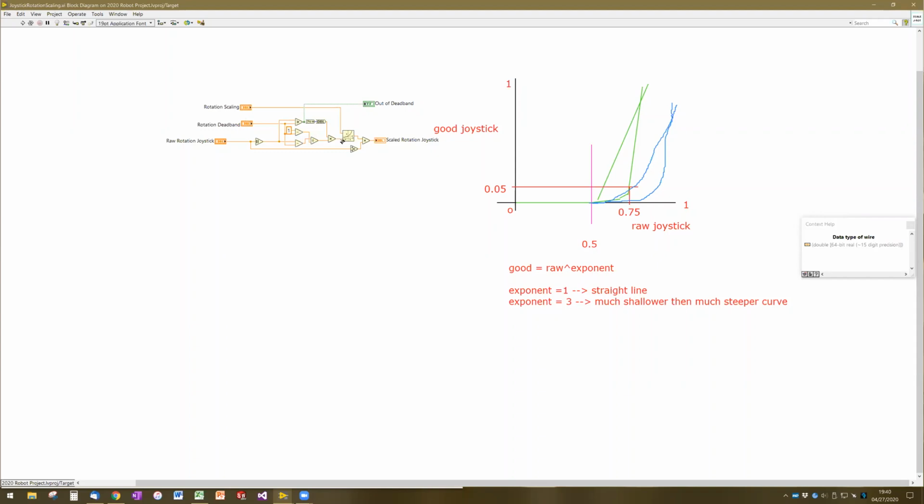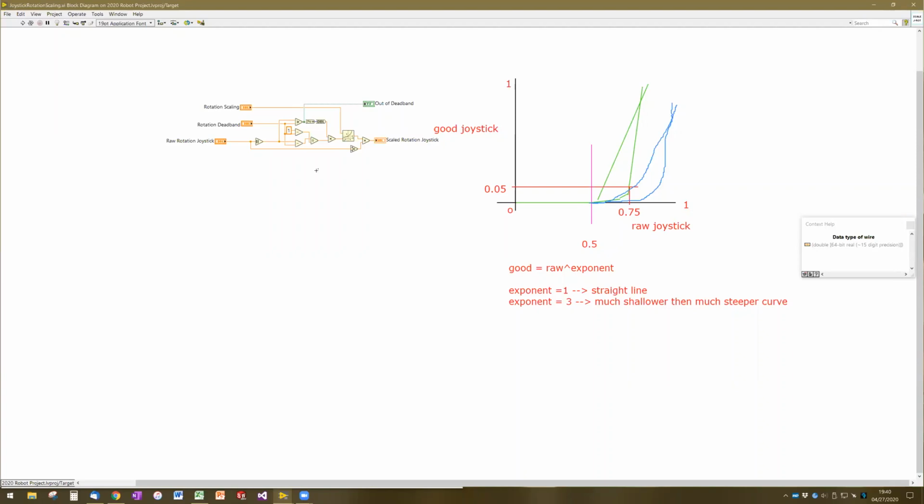Both the deadband value and the exponent are tunable parameters for each driver. This is also what it would look like on a 6-wheel drive or just a normal butterfly drive robot.